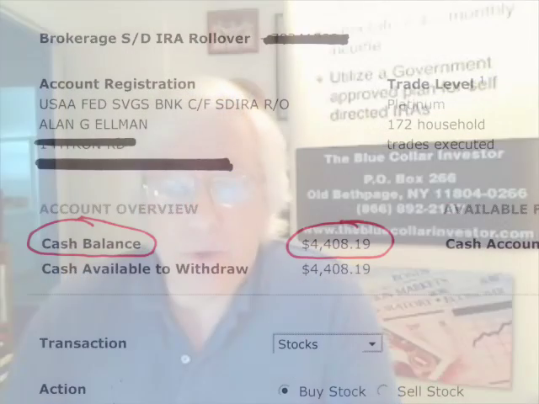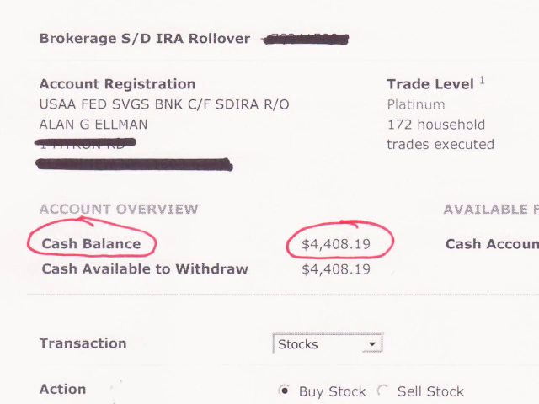Okay, so the first thing we're going to do is log on to our options and trading account. Once we get to our brokerage account, we go to the trading page. And here you see on the trading page, it'll show you the cash balance, or the amount of cash that you have available.